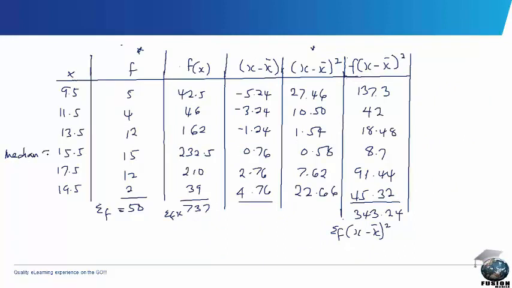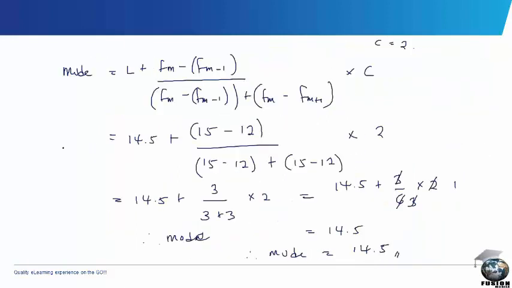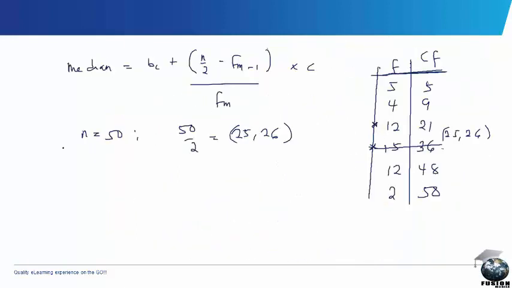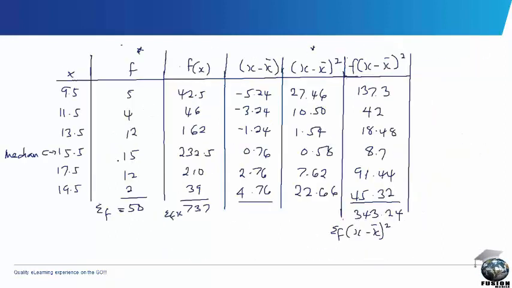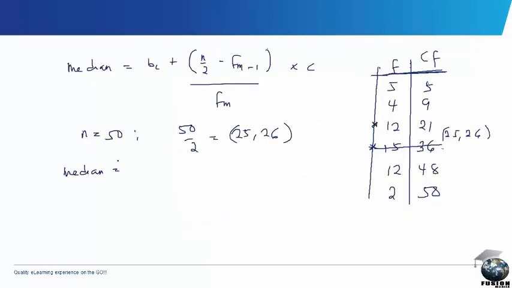The median class is this, and so we shall start to represent the values so that we can determine the median. Median is equal to, what's the lower class boundary of the median class? The lower class boundary there is 14.5.